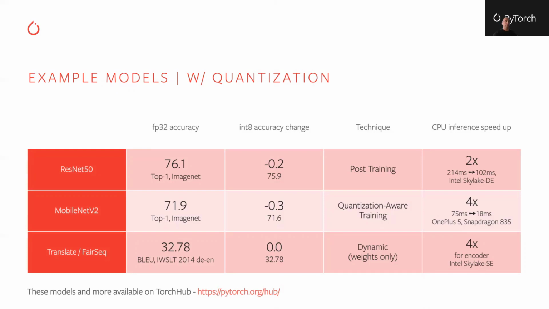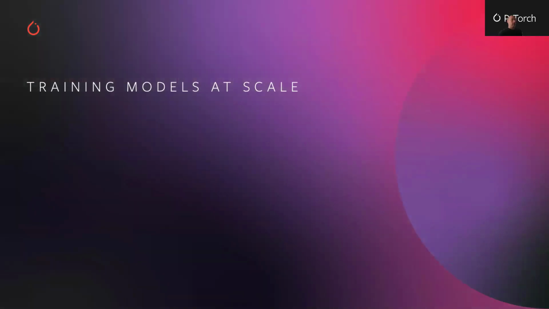We were able to use dynamic quantization in this case, so basically quantizing the weights only, and we saw also a 4x speedup using Intel Skylake. So really incredible, and this can really allow you to scale on either mobile devices or servers and build efficiency.